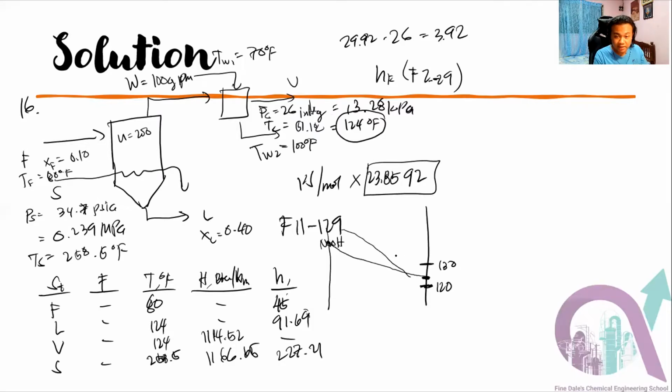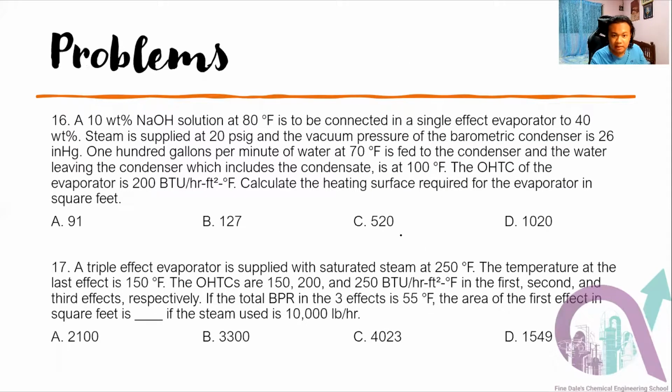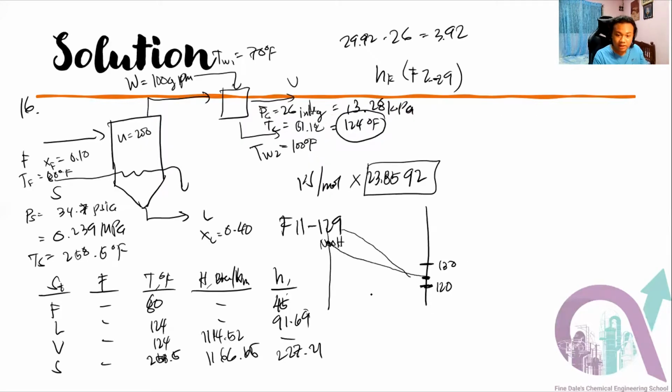Find 40% here, project it back to here, and then you can get the boiling point rise on this side and read it from there. I got 43 degrees Fahrenheit as my boiling point rise.